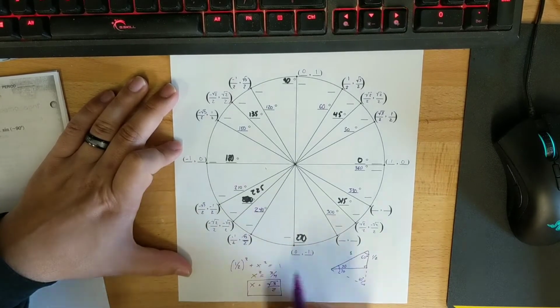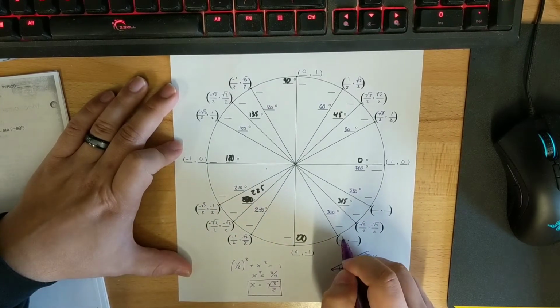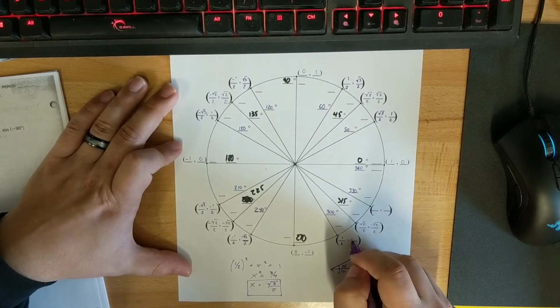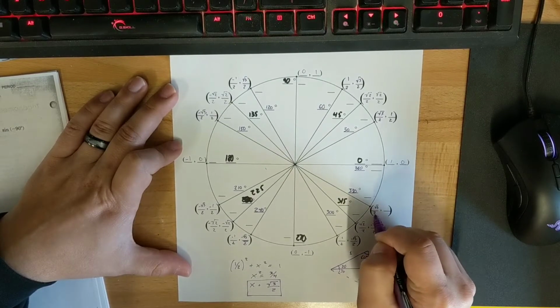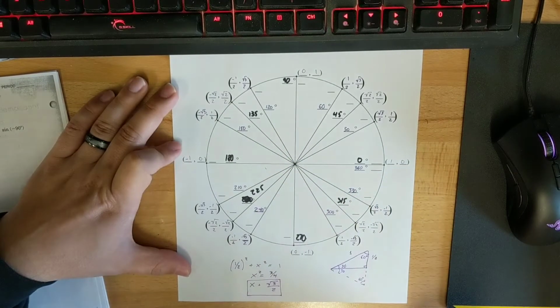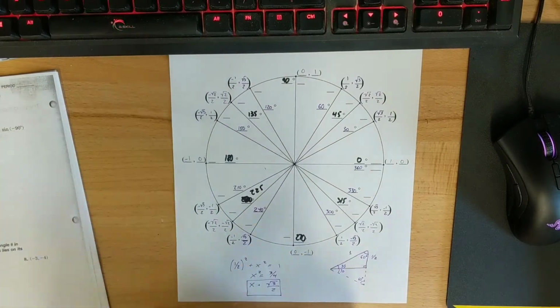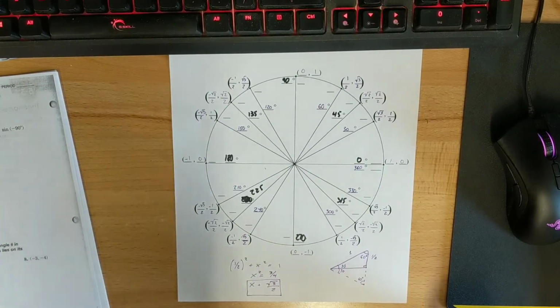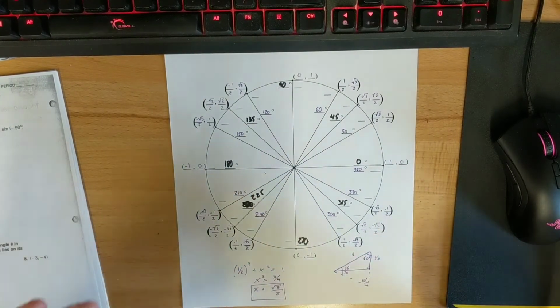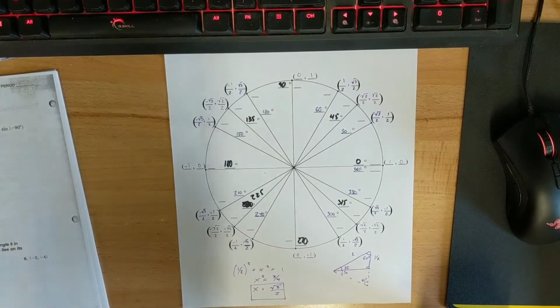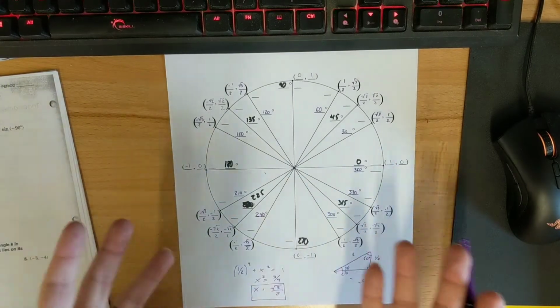Oh, that was already there, I guess. And then 1/2, negative root 3 over 2, and root 3 over 2, negative 1/2. So at that point, we're able to fill in pretty much the entire unit circle. And I'm going to post in Classroom a filled out and completed version of this unit circle, so it's a little bit easier to read. But that's where this comes from.